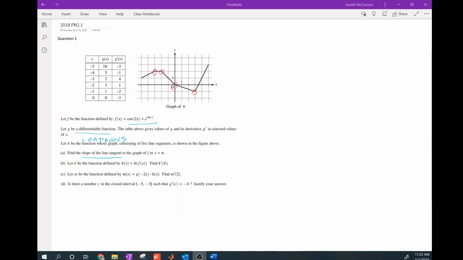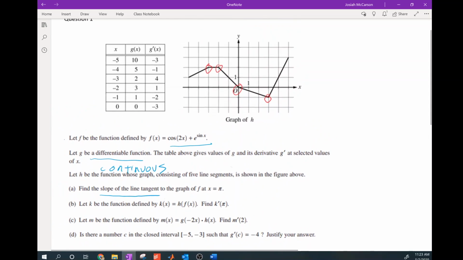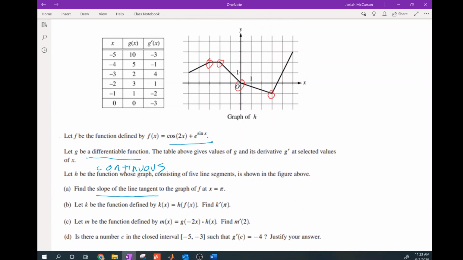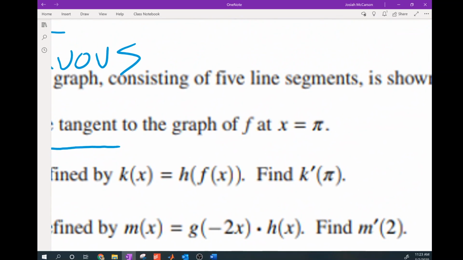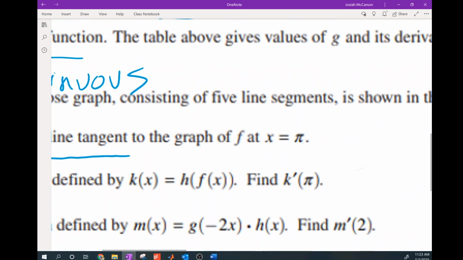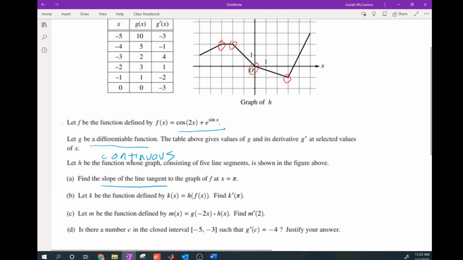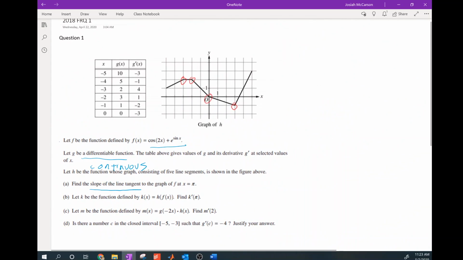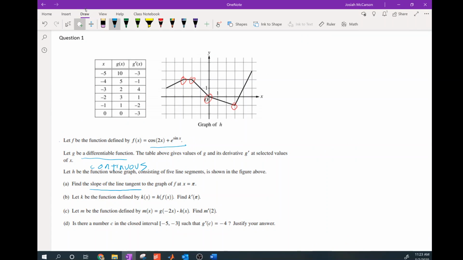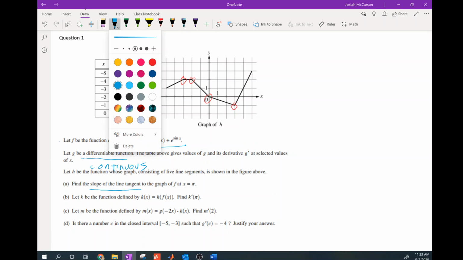All right, let's get started on question B. Question B asks me to let k be the function defined as h of f of x, and they want me to find k prime of pi. So we're looking for k prime. Let's start with k of x, just like before. We'll start with our function and then try to find the derivative.